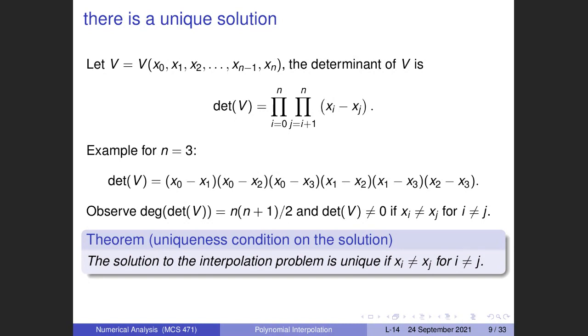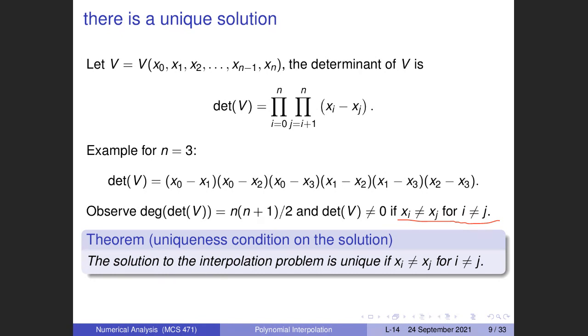So I will not leave this proof as an exercise, but it's good to see that the condition actually is very nicely expressed here. So the condition that all the interpolation points are distinct from each other. So we have a high degree polynomial, quadratic in the data points. So typically we don't really compute this high degree polynomial.